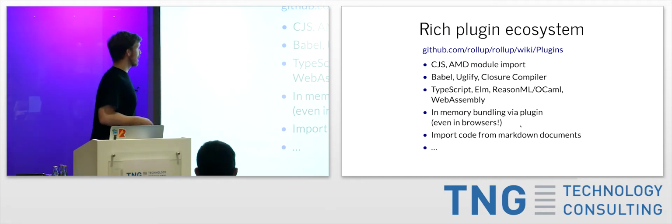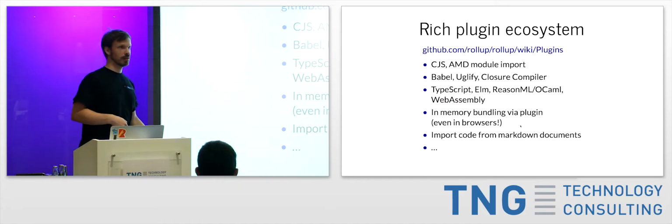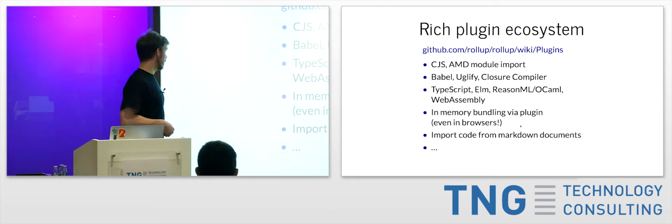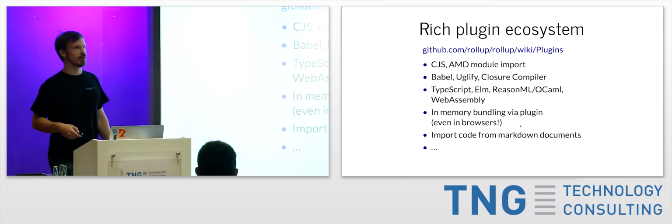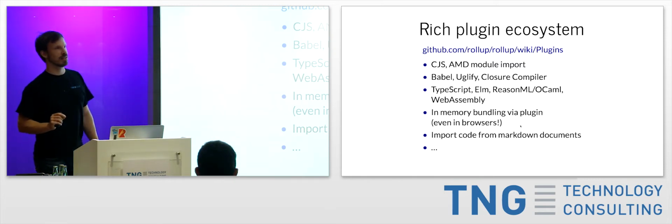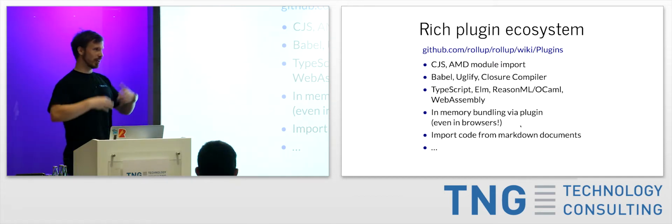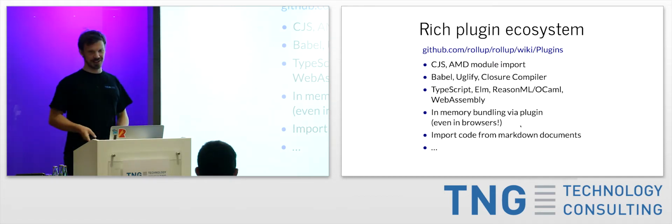You could even use TypeScript, Elm and so on. It works in the browser, as you just saw. And something I really like, just by the idea, you can use a markdown document as source for your code. So basically, if every code block in your markdown document is a module, then this could be your module system. If you like documentation and like to write more documentation, this could be a way forward.